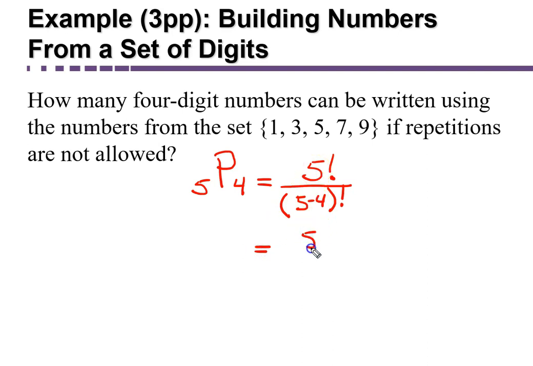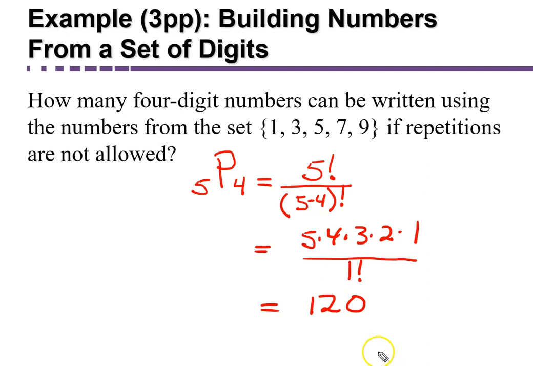Now, 5 factorial times 4 times 3 times 2 times 1, because when we do our subtraction here, we end up with 1 factorial, which is 1. So it's going to be 20 times 6 here, which will give us 120.